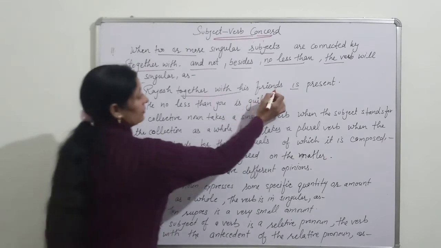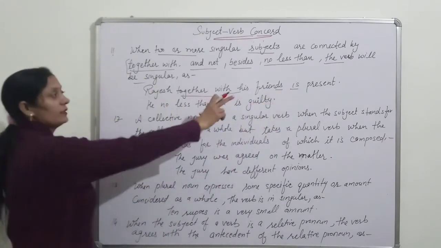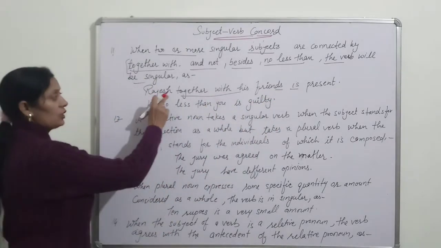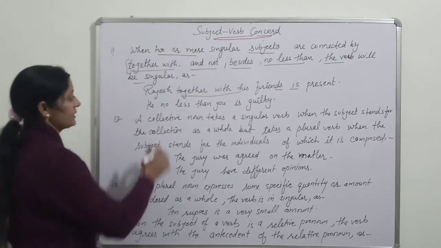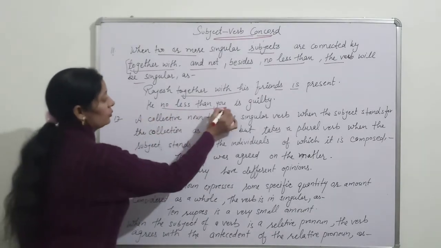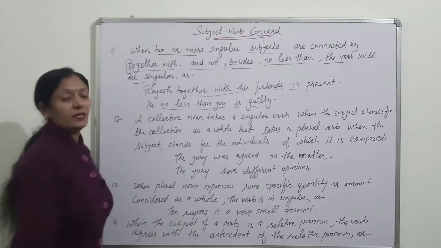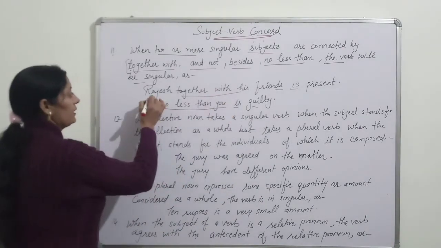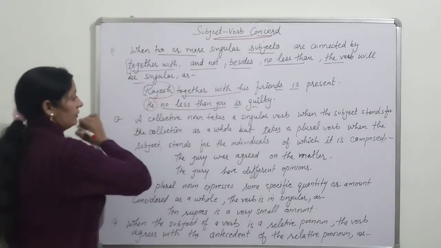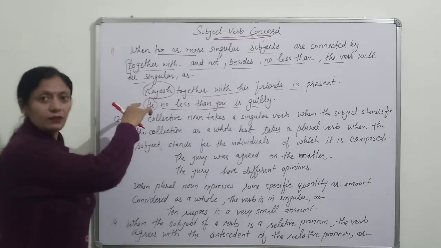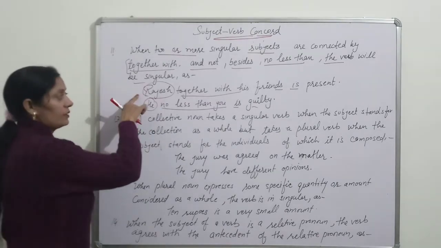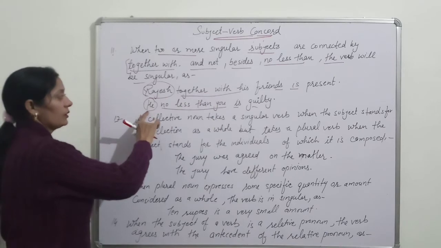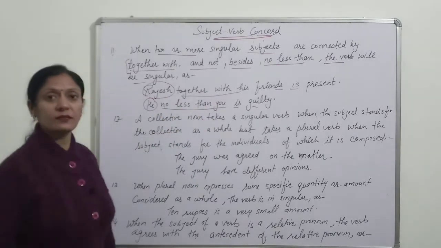No doubt here the word is friends but we are using a singular verb. He no less than you is guilty. It means we are using the verb according to the first subject.